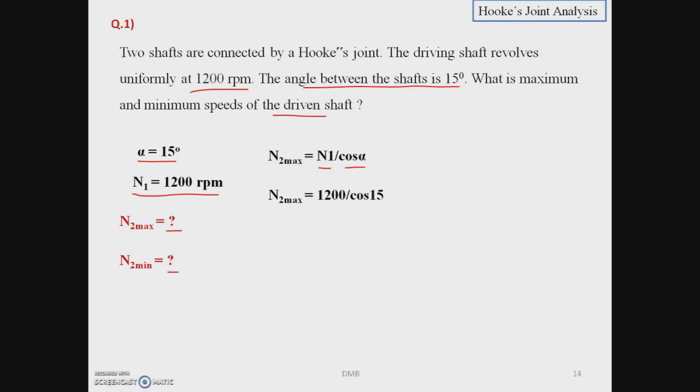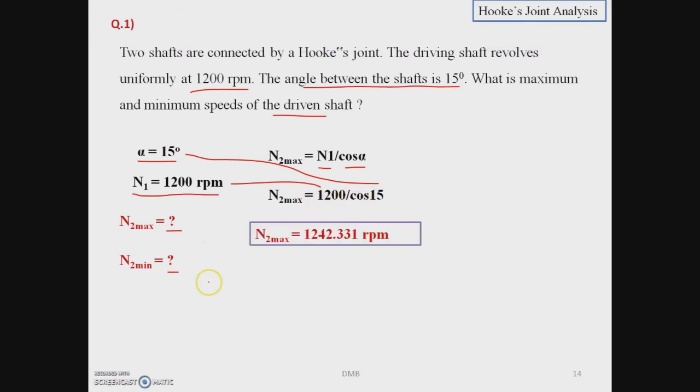Substituting, n2 max equals 1200 divided by cos of 15, which is 1242 rpm. So the maximum speed of the driven shaft is 1242.331 rpm.